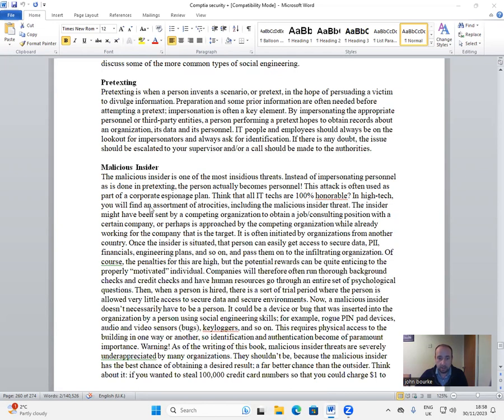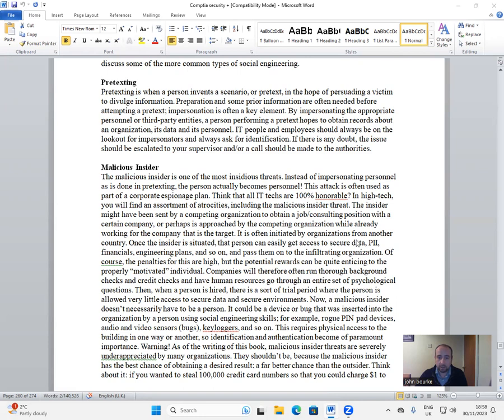In high tech, you will find an assortment of atrocities, including the malicious insider threat. The insider might have been sent by a competing organization to obtain a job or consulting position within a certain company, or perhaps is approached by the competing organization while already working for the company that is the target.